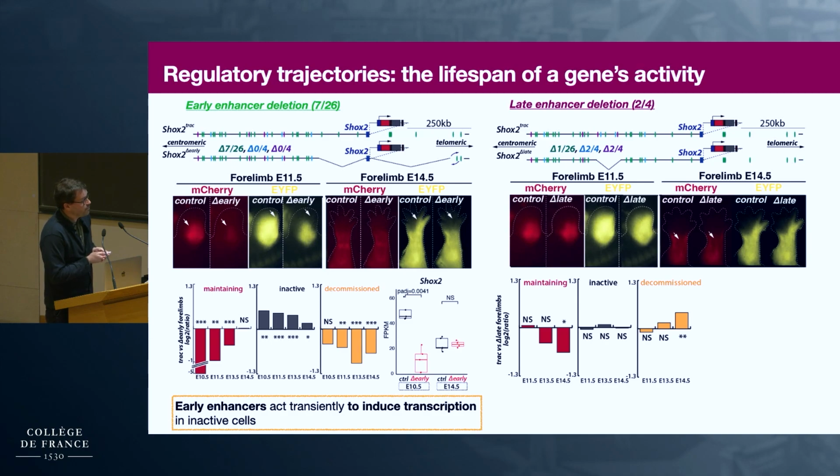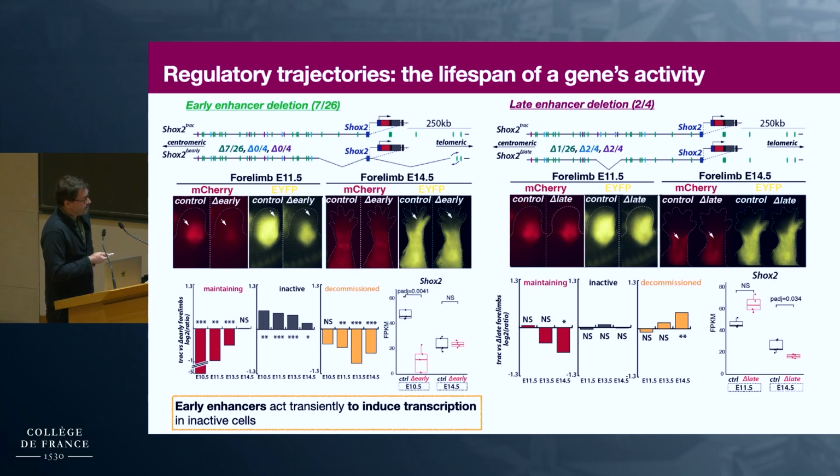And with the big difference that here we decrease the maintaining cells, but we don't change the proportion of inactive cells. This means that the cells that are lost here were cells that had the gene active and just didn't maintain it, and therefore we increase the proportion of decommissioned cells. So here the enhancer acts quite differently because it is here to maintain the expression rather than to activate it.